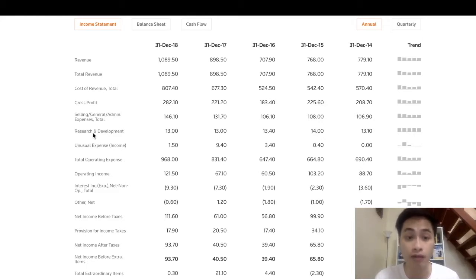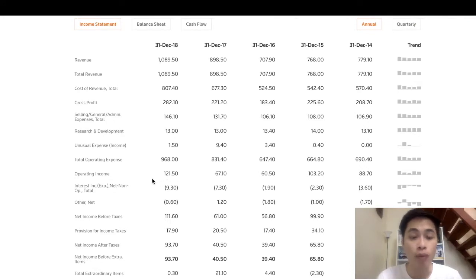R&D is also part of the operating expenses. Then unusual expense or income. In this case, it's an expense. You can see that the total operating expense in this case is 968. To get the operating income, we simply take the sales revenue of a company minus the total operating expenses and you'll get the operating income.